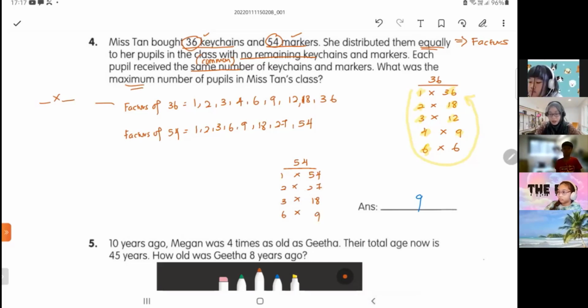Okay, that will be it. Then, you see, 1, 2, 3, 6, 9, 18, 27, 54. I go from here, go all the way up this way. Okay, that's how I arrange them.